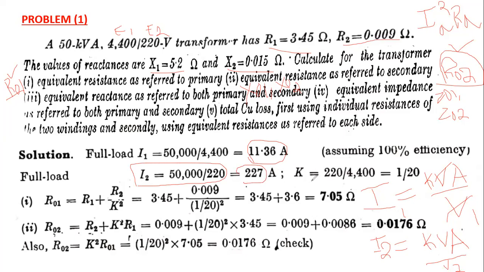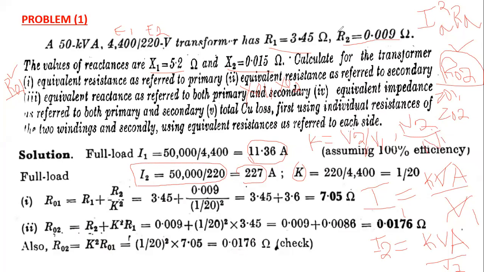Next we calculate the transformation ratio, that is K. What is the formula for the transformation ratio? There are different formulas for determining K: K is equal to V2 by V1, or N2 by N1, or I1 by I2.